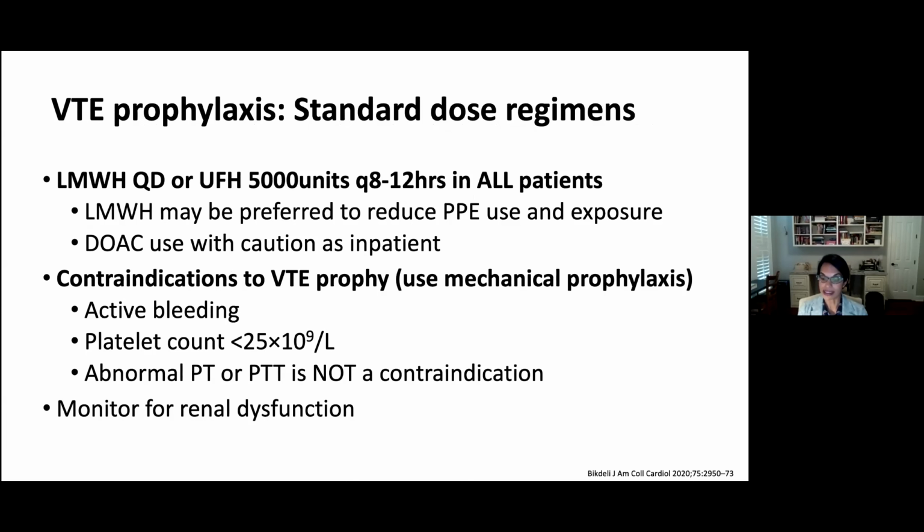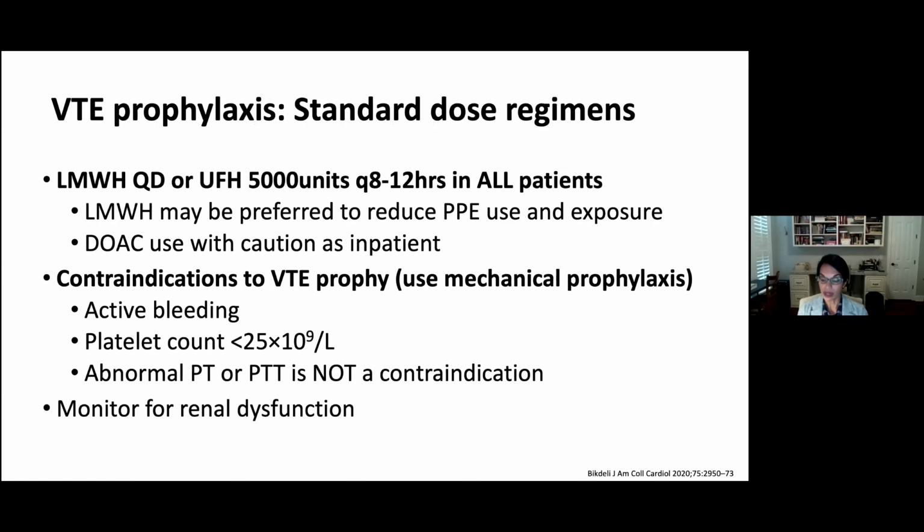Now, how does one decide on which pharmacologic VTE prophylaxis regimen to use? At the very least, standard dose regimens are essential. This includes low molecular weight heparin daily, with dose depending on the particular low molecular weight heparin drug used, or unfractionated heparin, 5,000 units every 8 to 12 hours.